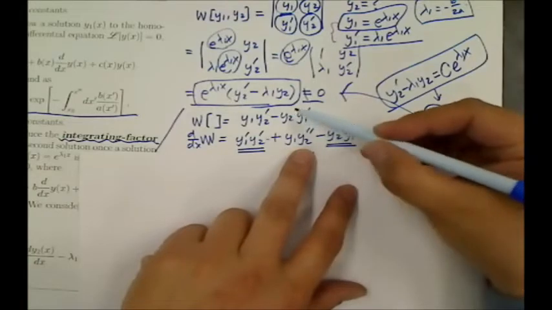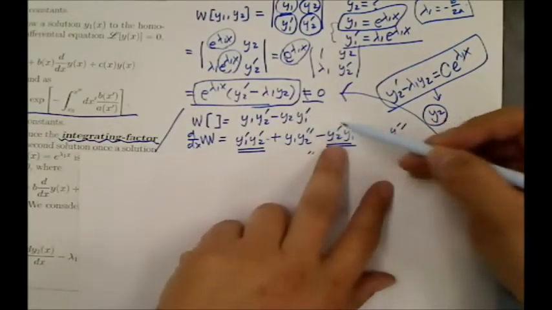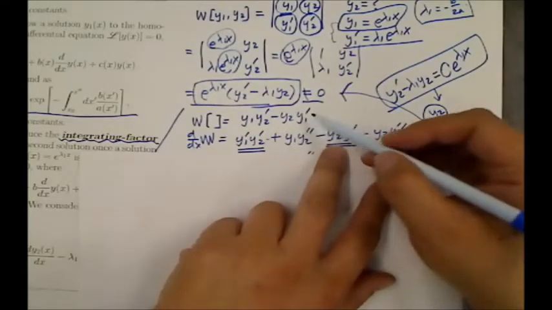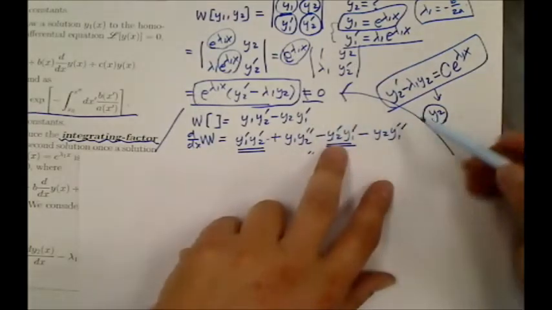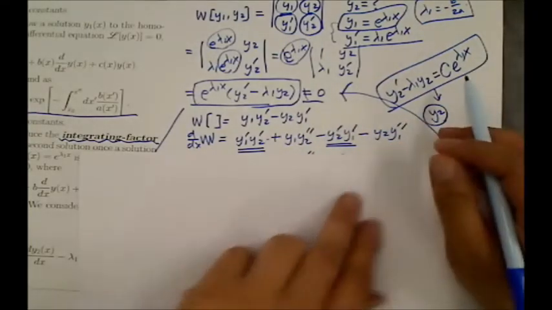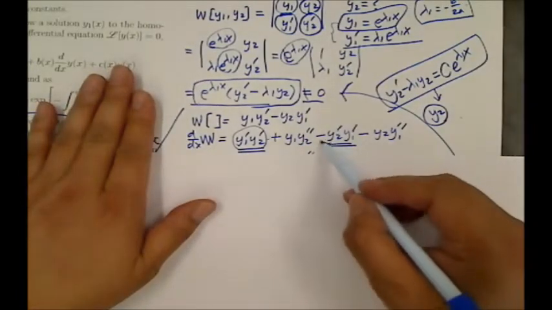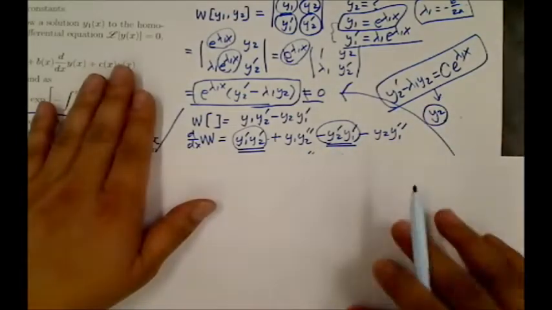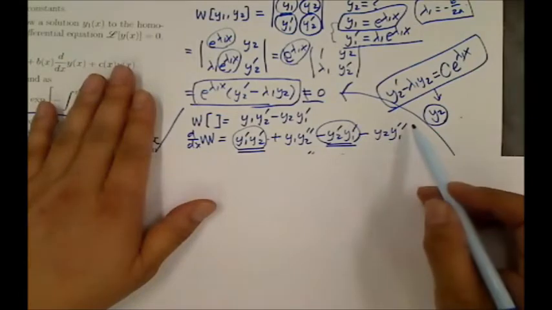And in the second part, taking the derivative gives y2 prime here and y1 prime, which becomes y1 double prime. Here we find that the first term and third term exactly cancel. And what we find is y1 y2 double prime minus y2 y1 double prime.